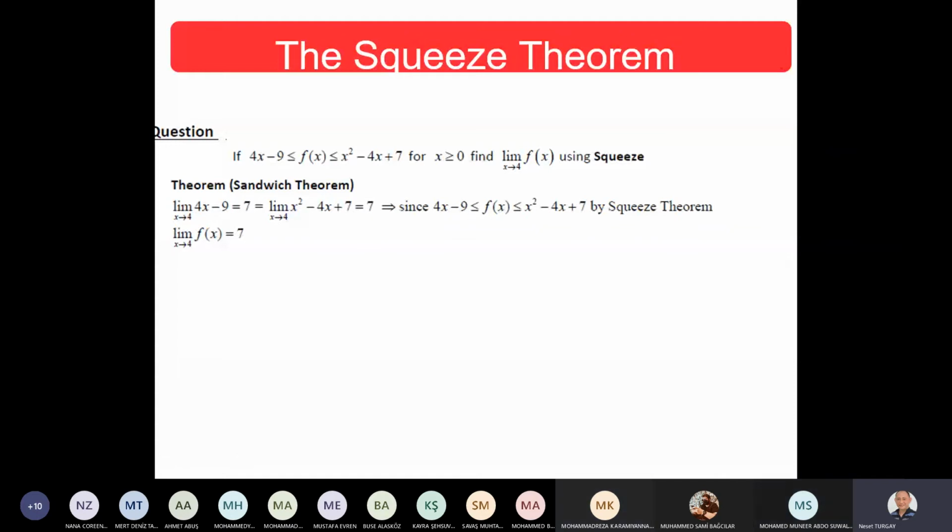They have to be the same. Then the theorem says that even though you don't know what f of x is, the limit of f of x when x goes to 4 is also 7. Understand? So this is how the squeeze theorem works and how it helps you. Even sometimes when you don't know the function, you can answer the limit question. Okay, good.